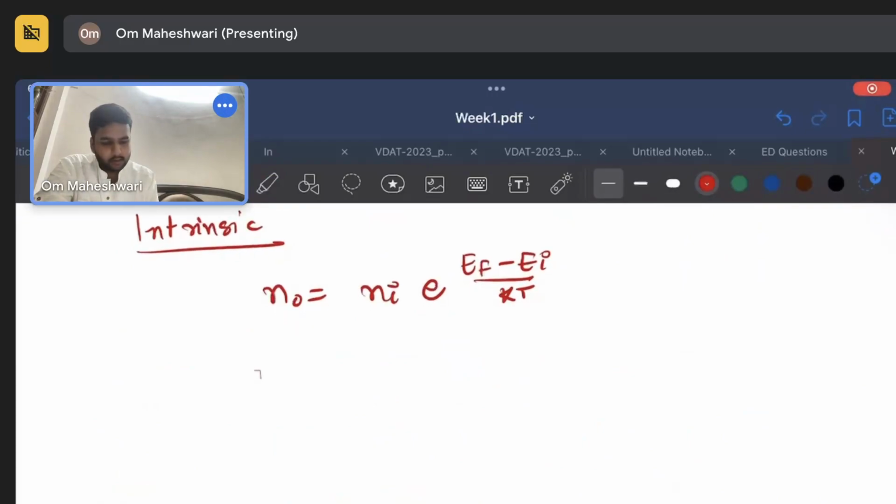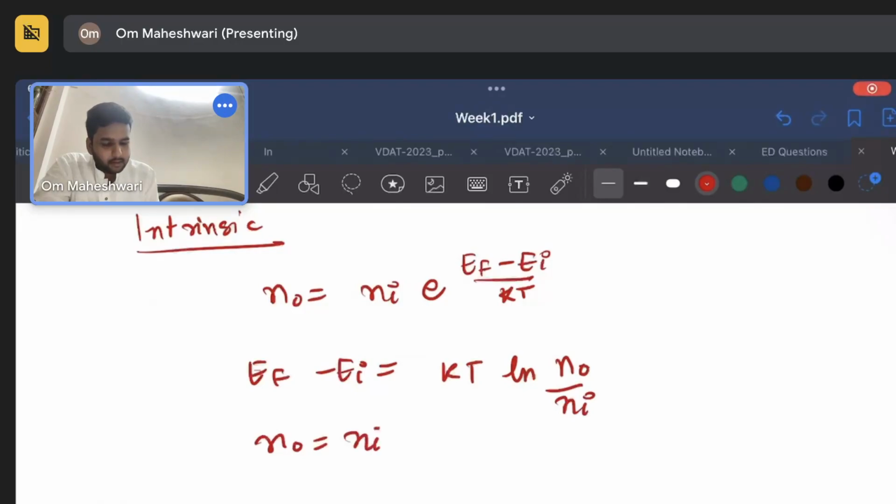For intrinsic we had this. So if we write EF minus EI equals KT ln N0 by Ni. For intrinsic, basically N0 equals Ni. That is why this term ln Ni by Ni is 0 and EF equals EI.